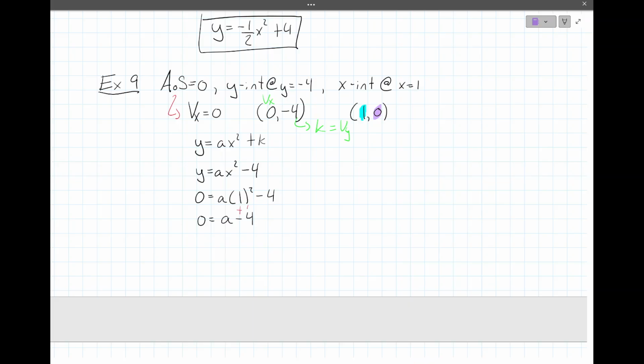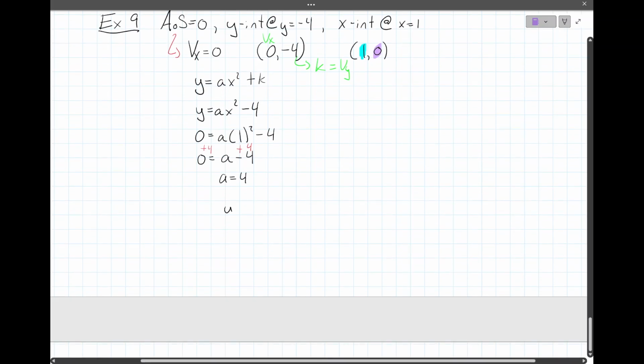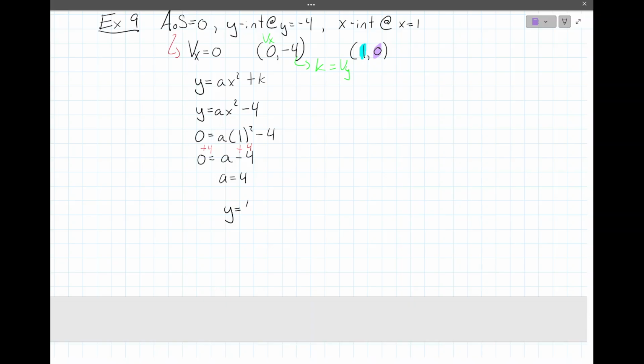I add 4 to each side and I'll get a equals 4. Now I'll substitute in my values of a and k. So this is 4x squared minus 4, and that is my parabola. That's the quadratic that I'm working with.